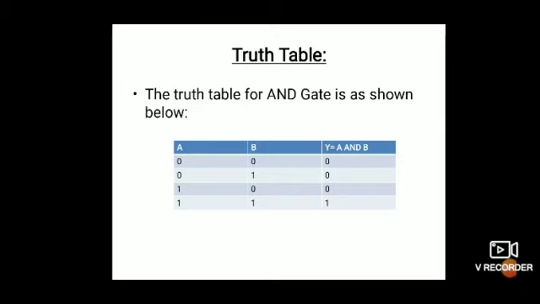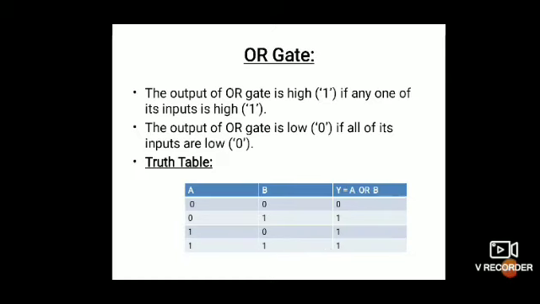If A is 0, B is 0, the output will be 0. If A is 0, B is high, Y equals 0. If A is 1, B is 0, Y equals 0. If both the inputs A and B are high, the output will be high, as we said in the definition.